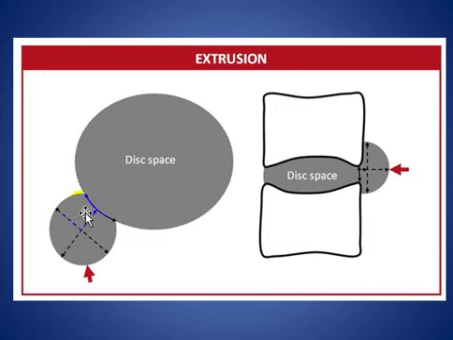As we see here, the craniocaudal diameter is larger than the AP diameter. One diameter being larger is enough.